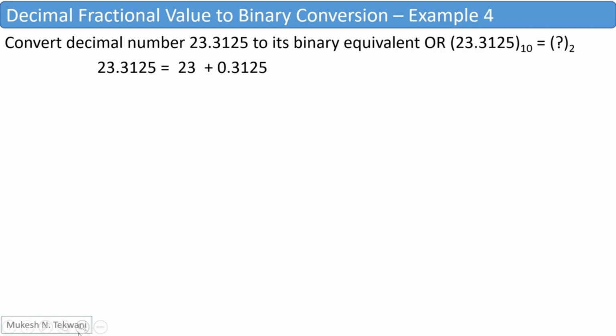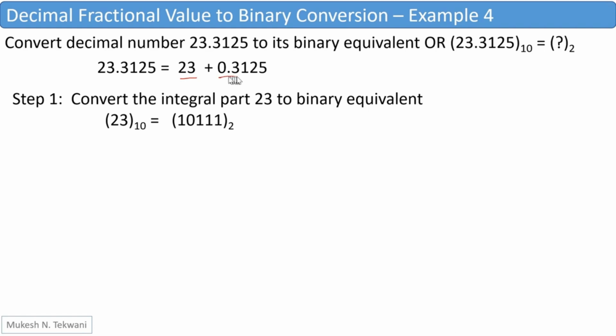Now, let us consider how to convert a mixed number like 23.3125 to its binary equivalent. Now, this 23.3125, you can see, has been broken up into two parts, an integral part 23 and a fractional part 0.3125.